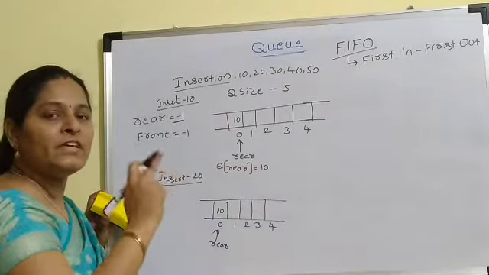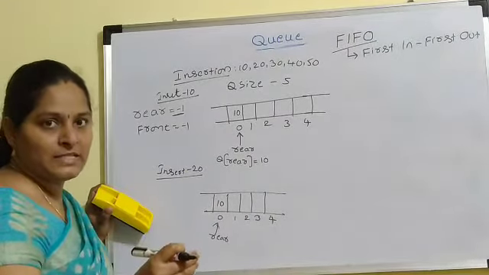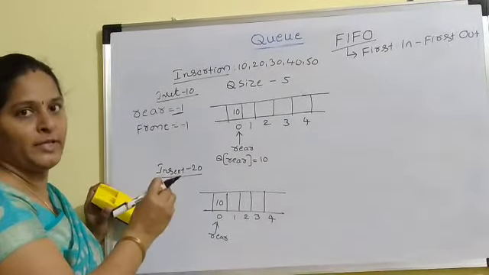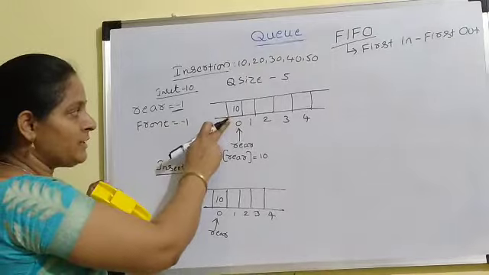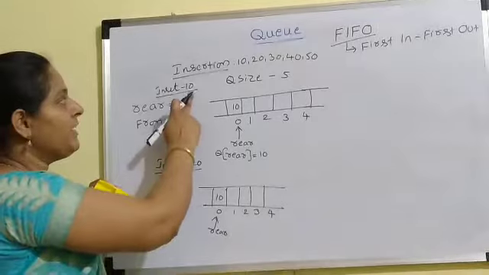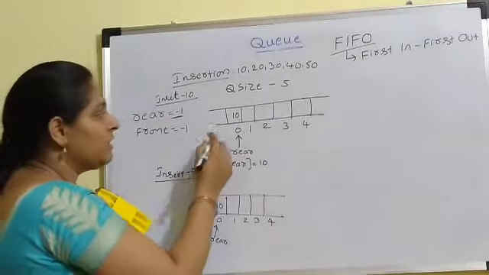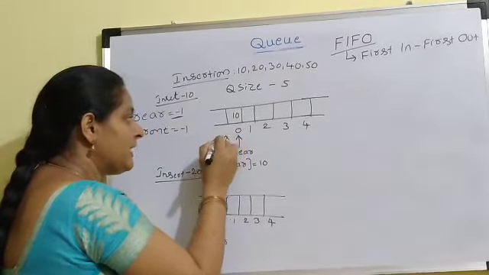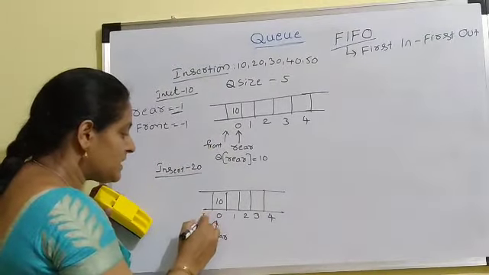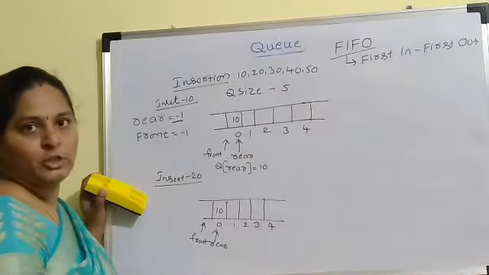The recently inserted element is pointed to by the rear pointer, and the first inserted element is pointed to by the front pointer. That is the reason why after the first insertion, along with the rear pointer, we should also increment the front pointer by 1. Now after the first insertion, both front pointer and rear pointer are pointing to the 0th location.